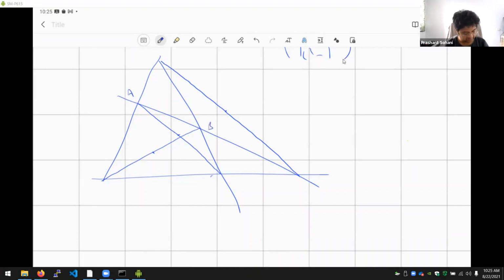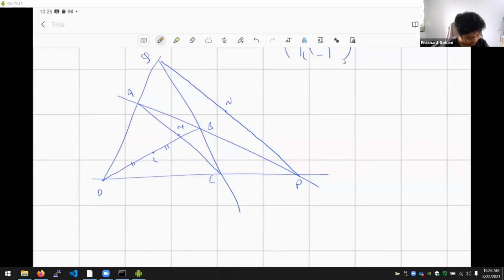For the labeling BCD, let me call these points L, M, N. I want to show L, M, N are collinear. Now L is the midpoint of BD. Right. So, okay, let us look at the parallelogram for which BD is one diagonal.